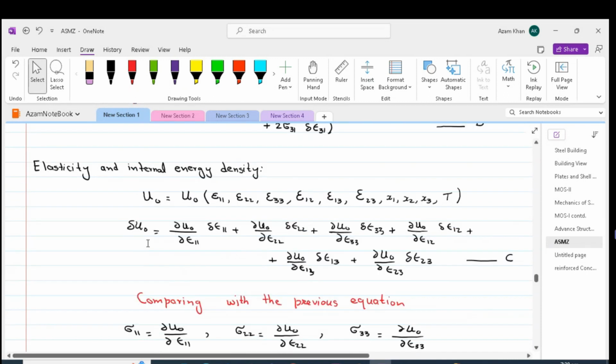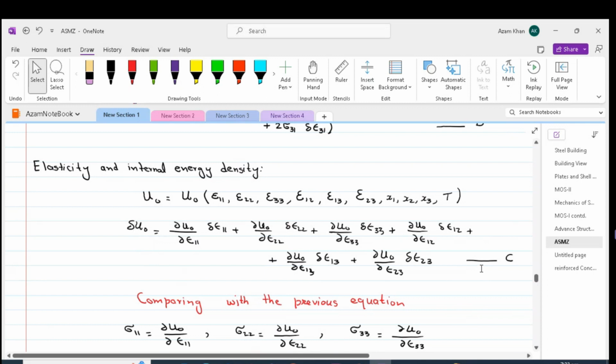Now this variation expression of strain energy density was written and given. As we discussed, the variation in internal energy is equal to the rate of change of all the variables. If we apply some variation to our displacements delta u1, delta u2 and delta u3, expression C can be partially differentiated with respect to sigma 11.